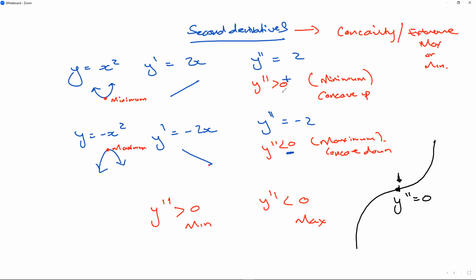And the only time a second derivative would be equal to 0 would be in an instance where the gradient is about to reach a maximum, but then it turns the other way. This is in a cubic function scenario.